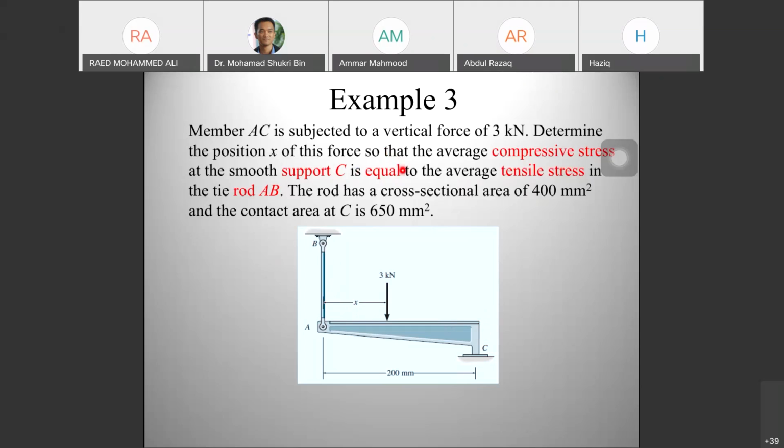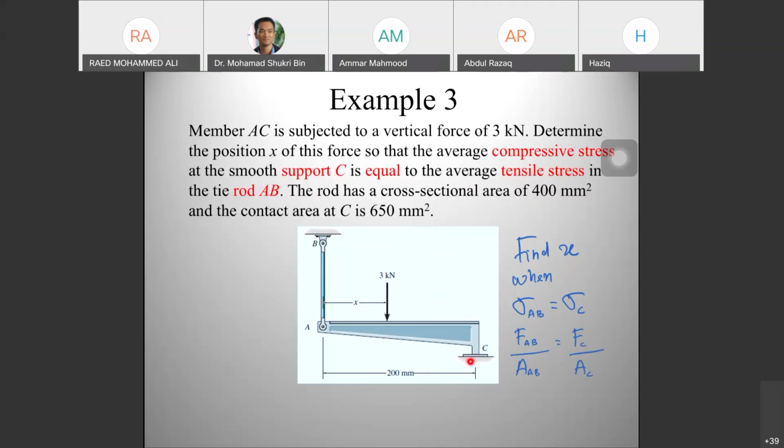So find x when sigma AB is equal to sigma at C, or force AB over area AB equals force at C over area at C. So this is the idea how to solve this problem: find the value of x equation.